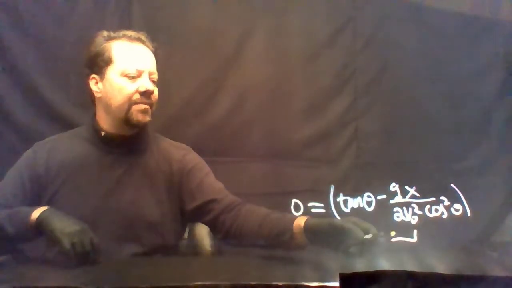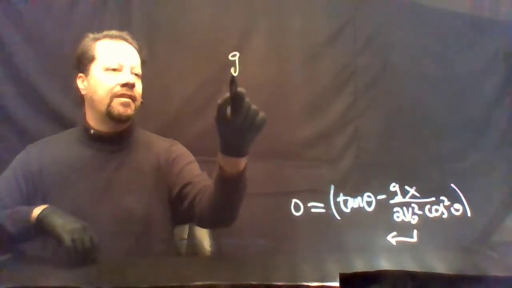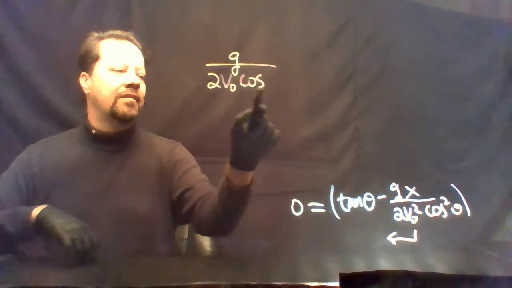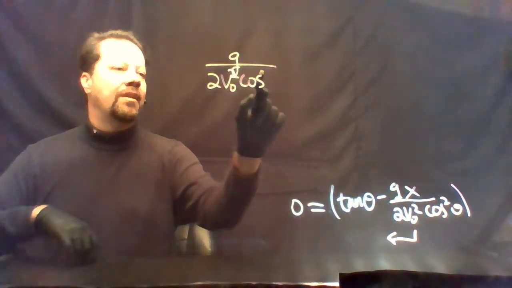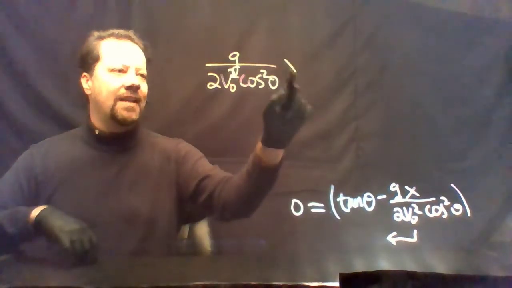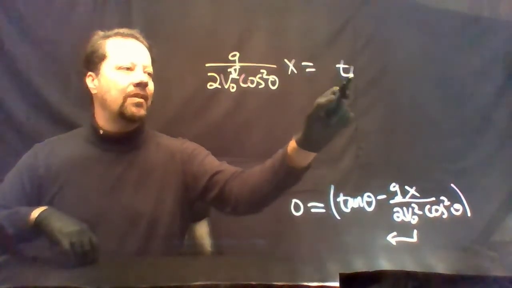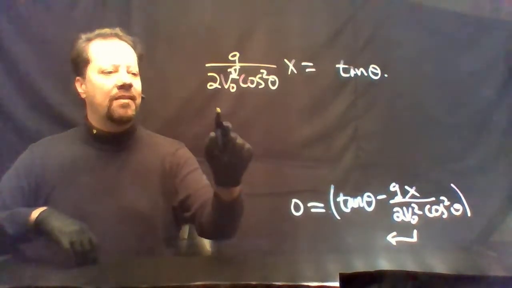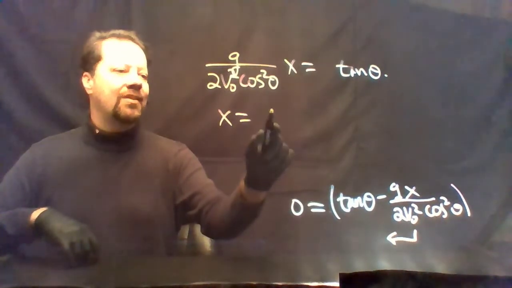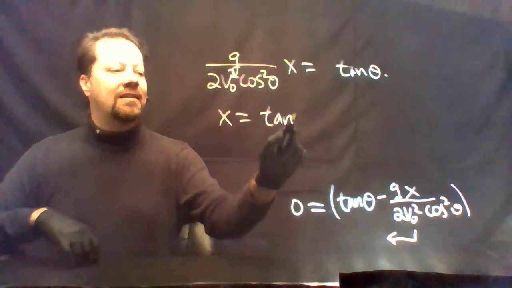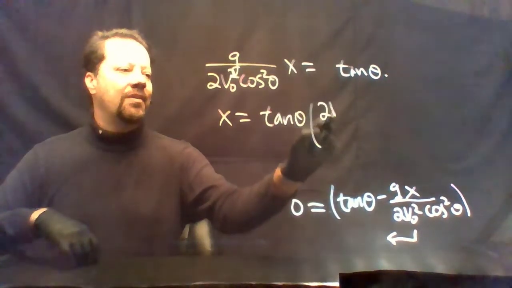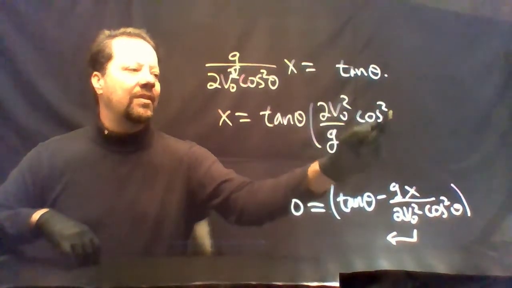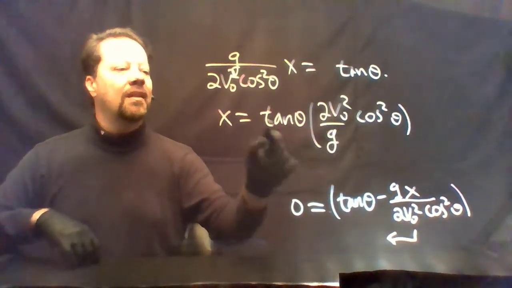We'll move this term to the other side and have g over 2 v naught squared cosine squared theta times x equals tangent theta. The range x then is going to be tangent theta times 2 v naught squared over g times cosine squared theta.